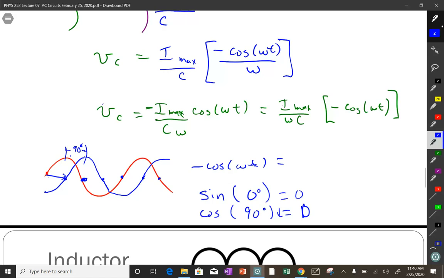Okay, so that's going down, where sine of 90 degrees is going up. Right. So if I did cosine of minus 90 degrees, that's equal to 0, but that's going to be going up. So sine of 0 degrees is the same as cosine of minus 90 degrees.